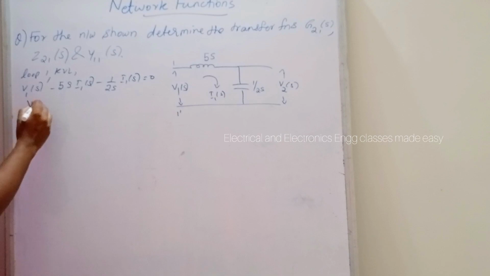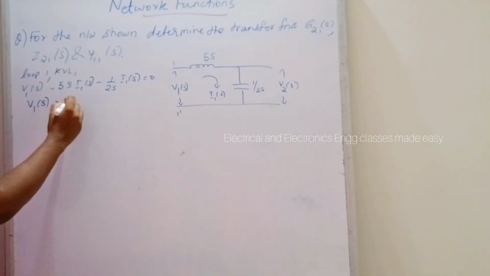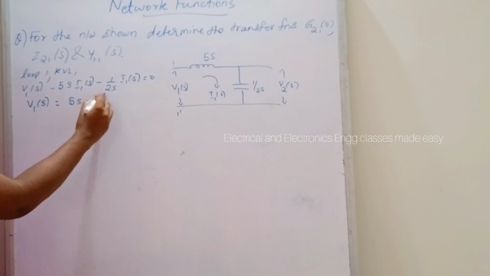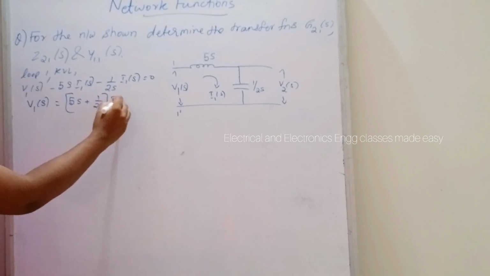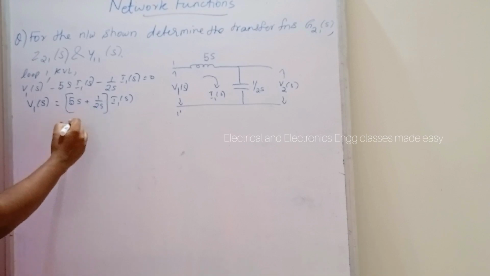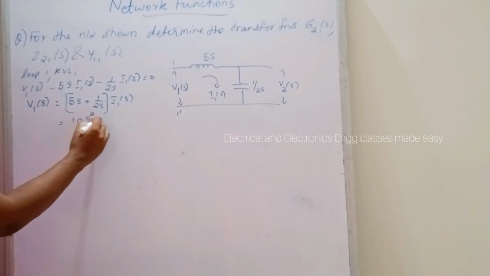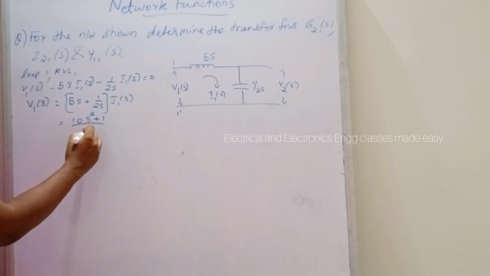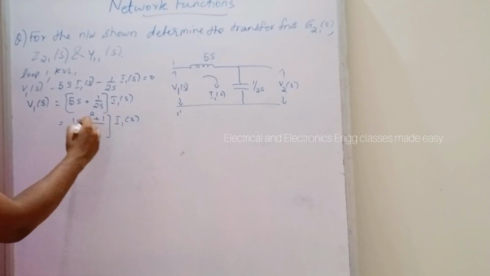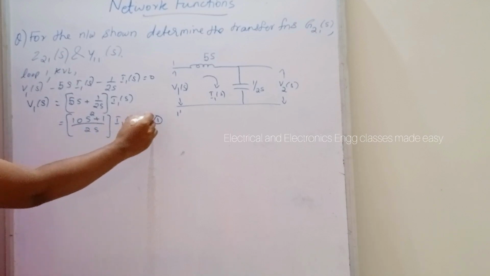That is V1 of S is equal to 5s plus 1 by 2s into I1 of S. We can simplify here, that is 10s square plus 1 divided by 2s into I1 of S. So this is the first equation.